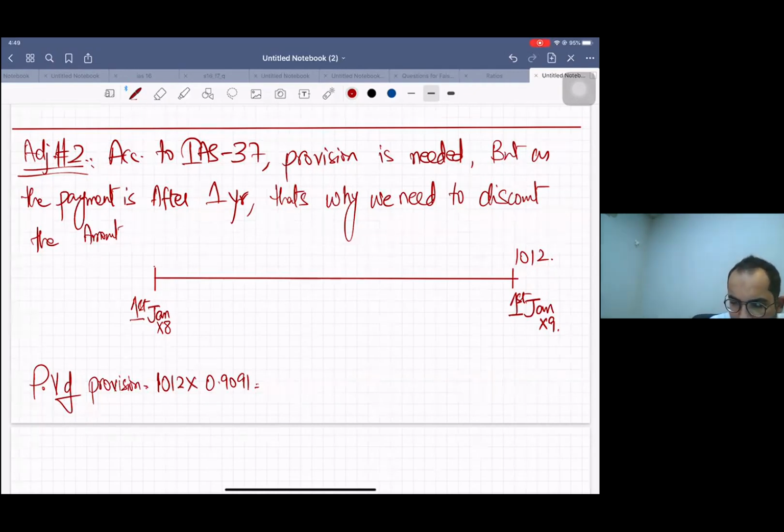We are right now at 1st January X8, and this amount is payable on 1st of January X9, so there is exactly a gap of 1 year. So let's do the discounting. 1,012 is the future cash flow times the discount factor 0.9091.